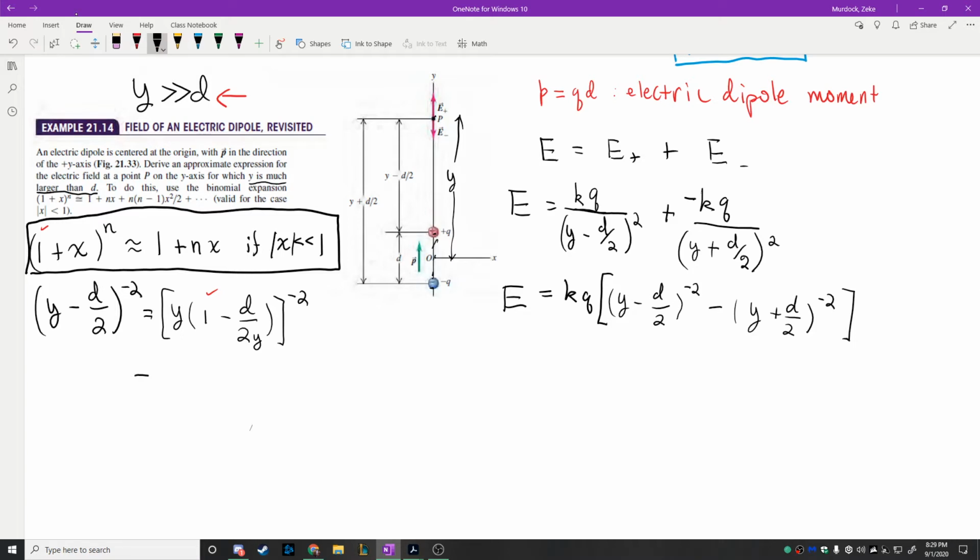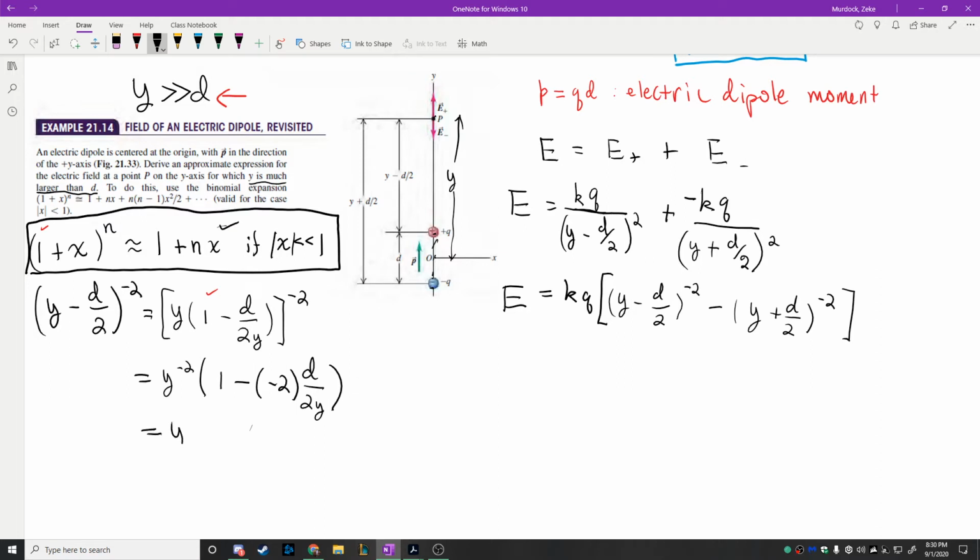So this is going to basically become y to the negative 2 multiplied by (1 - d/2y) to the negative 2. The n, the negative 2, we just bring down in front. We've now used the entire expression here.